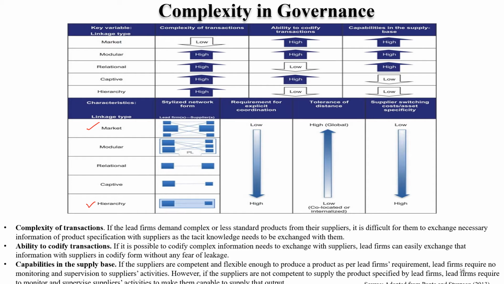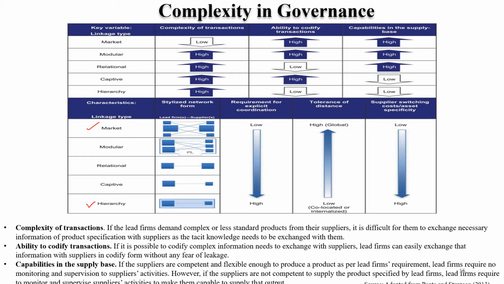Now the success of each module depends on certain conditions. And when we look at intra-firm trade across the border, these conditions play a very important role. So the first thing is about the complexity of transactions.